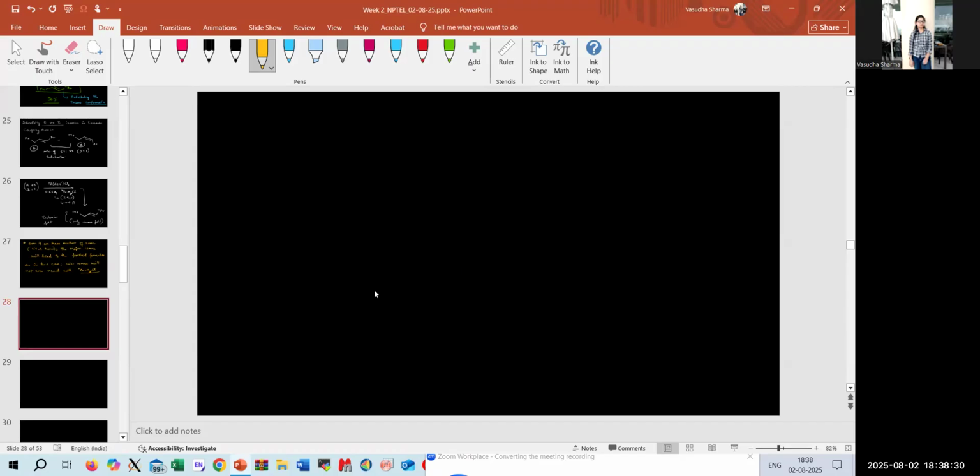So we have finished our Kumada reaction. Now we will see the next coupling reaction, which is Suzuki coupling.